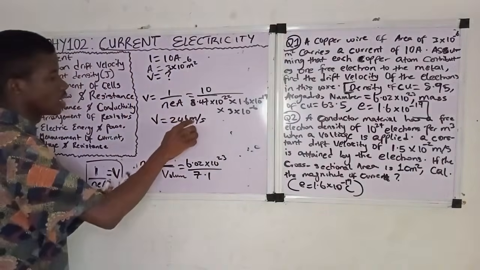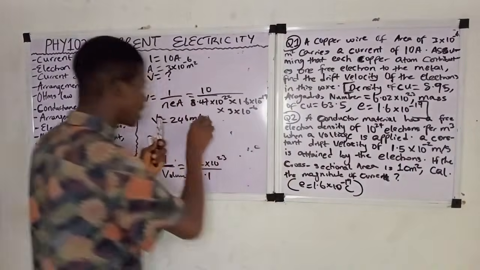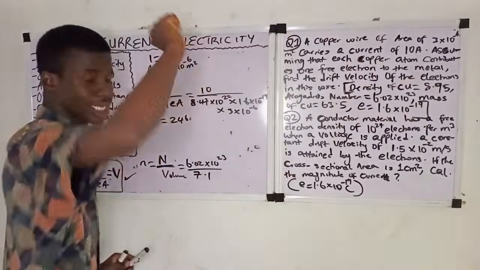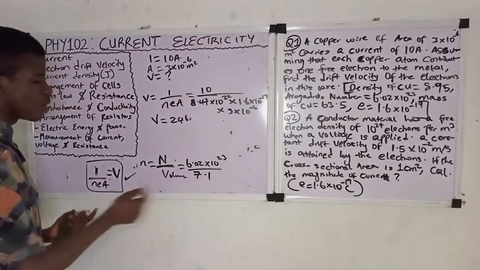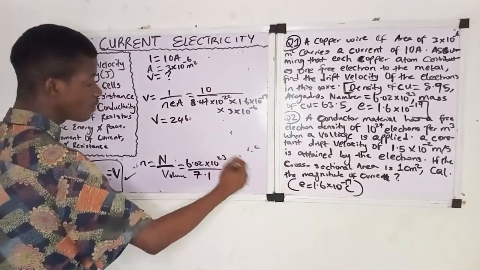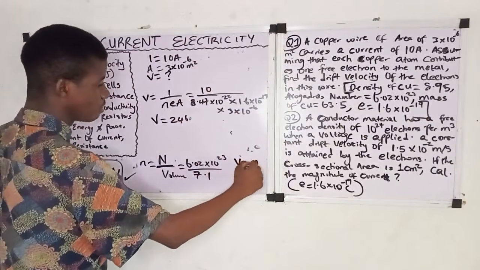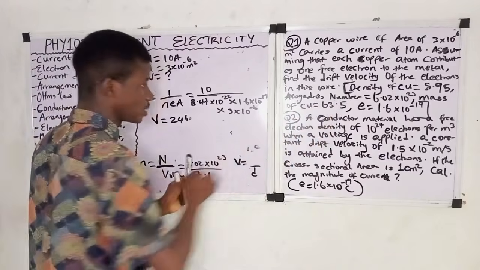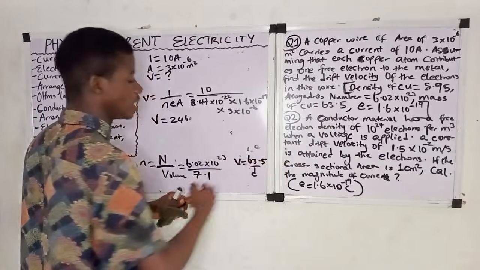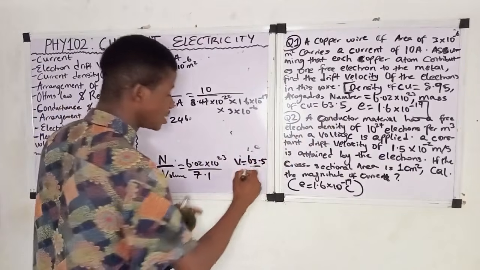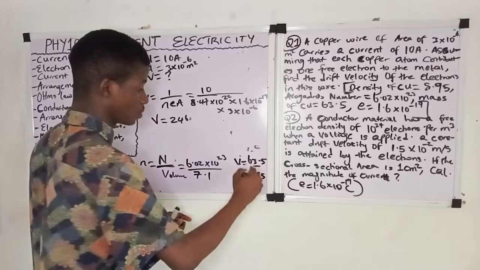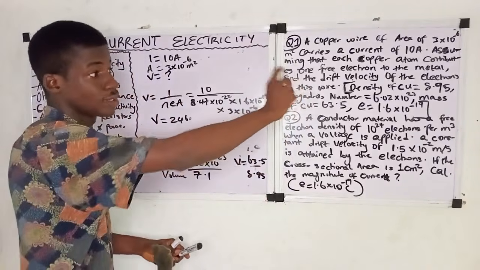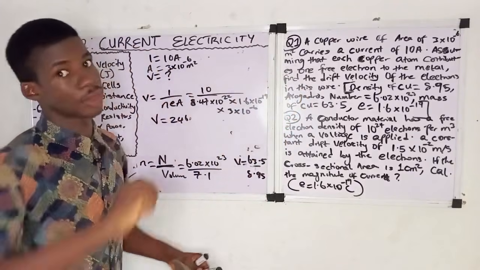Remember, when we're looking for the volume, the volume equals the mass over the density, right? The mass of copper was 63.5, then the density is 8.95, given in centimeter cube and not in meter cube.